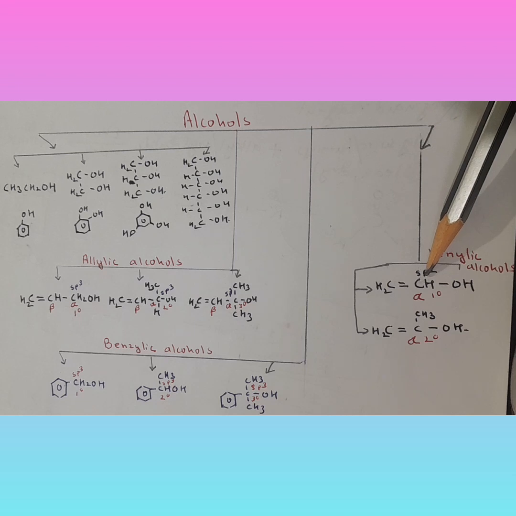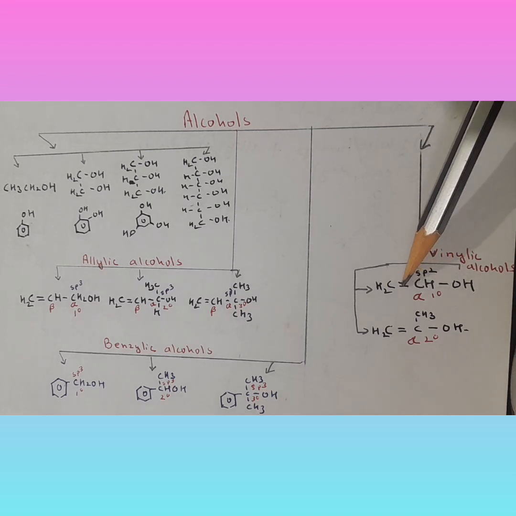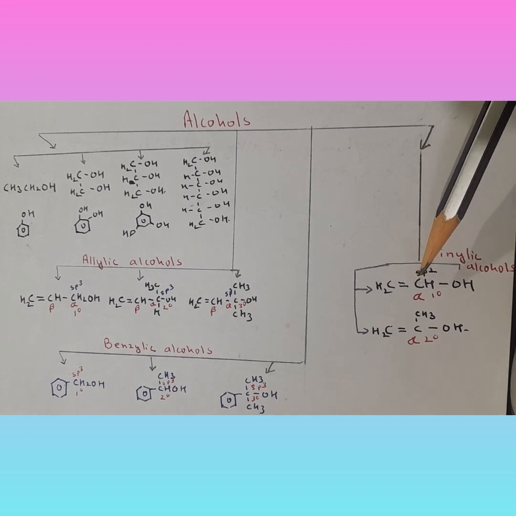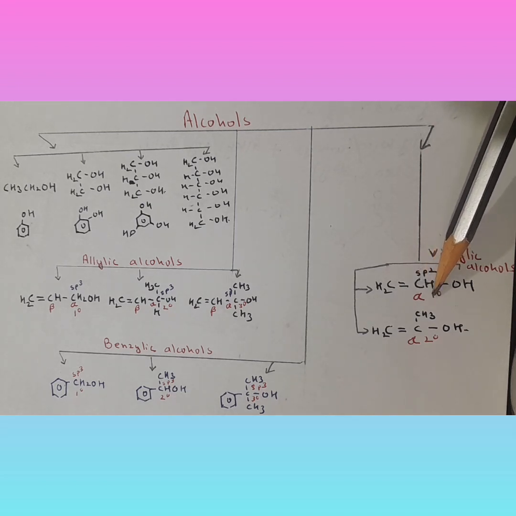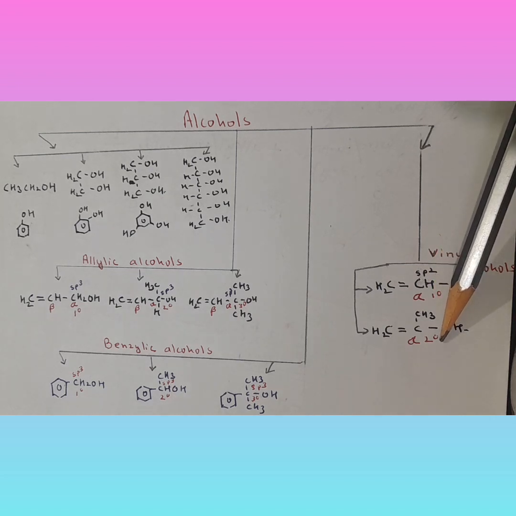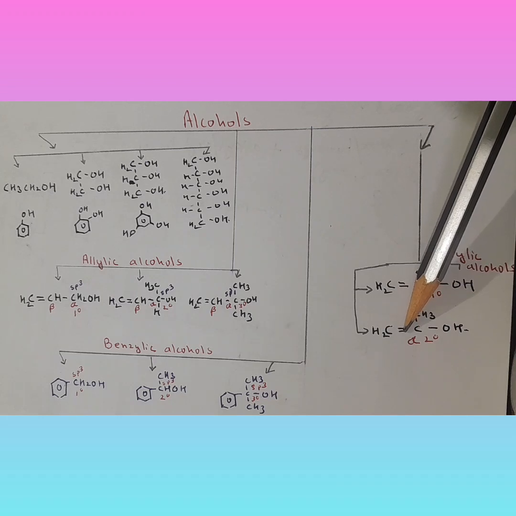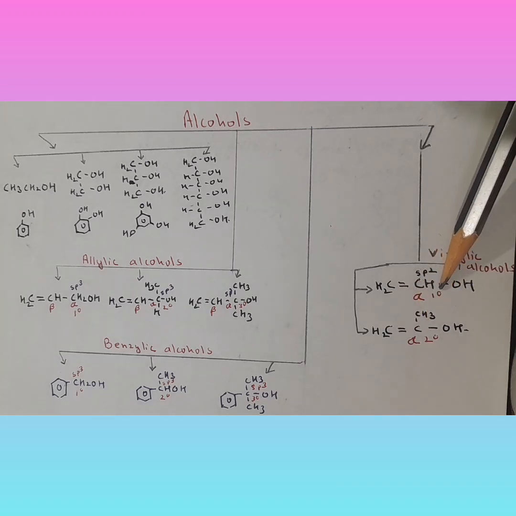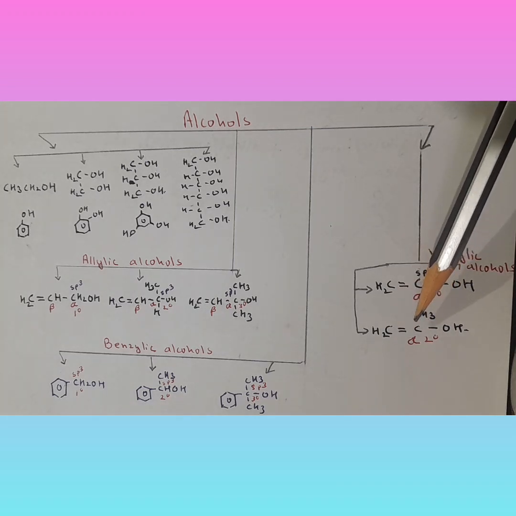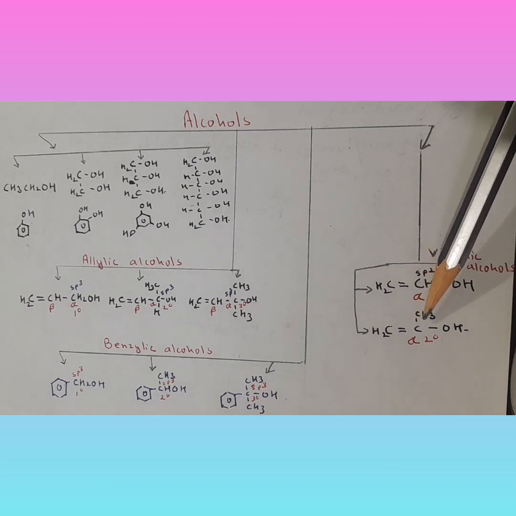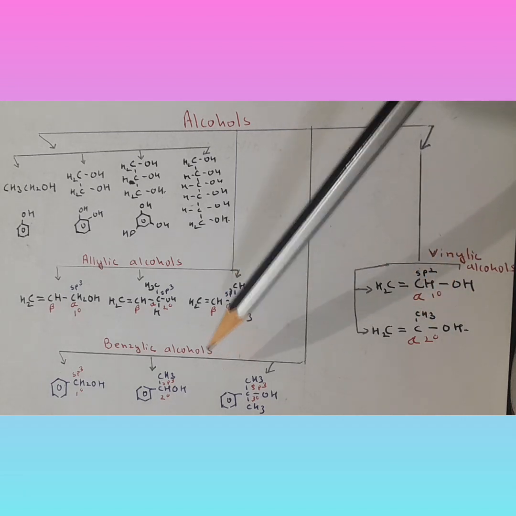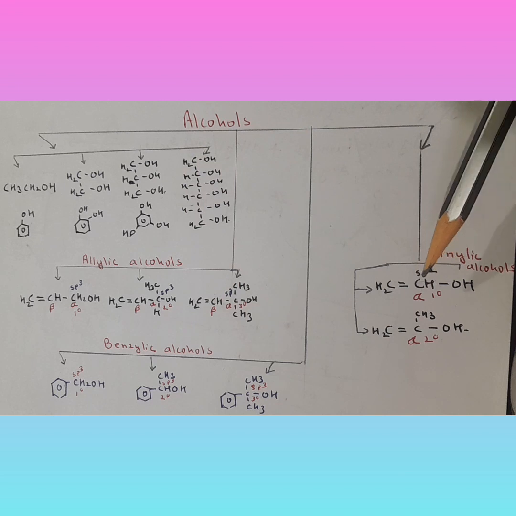As I explained, since the double bond is adjacent to the alpha carbon, we call it vinylic. In vinylic, there are primary and secondary vinylic alcohols. Tertiary is not possible because the double bond is over here. And another important thing is it has the sp2 hybridized state. So that's yet another difference: sp3, sp3, sp3 here, and sp2 hybridized state there.